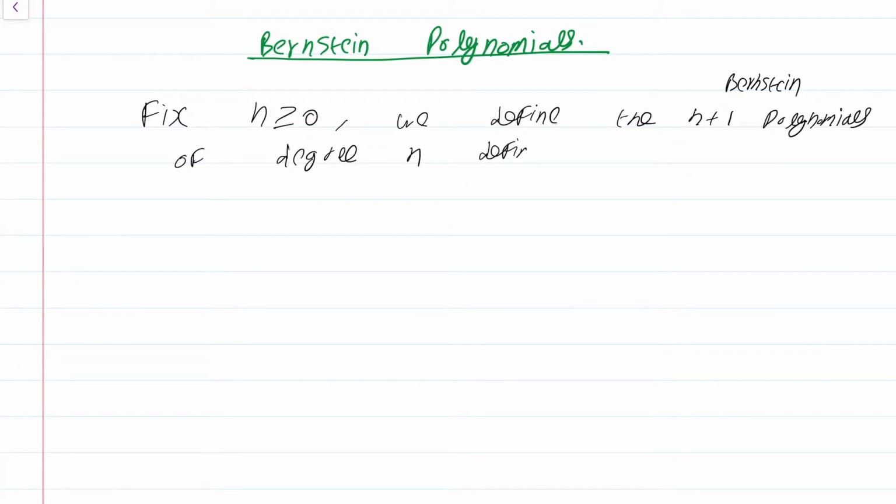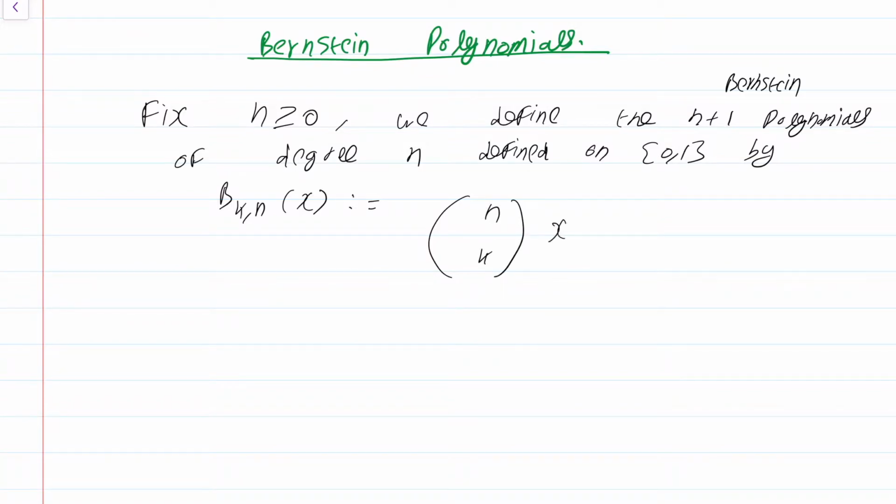Of course, polynomials are defined on the whole of R, but you will understand why I am saying defined on [0, 1], by b_k^n(x), which is by definition equal to n choose k times x^k times (1 minus x)^(n minus k), and this is for k equal to 0, 1, 2, ..., n.